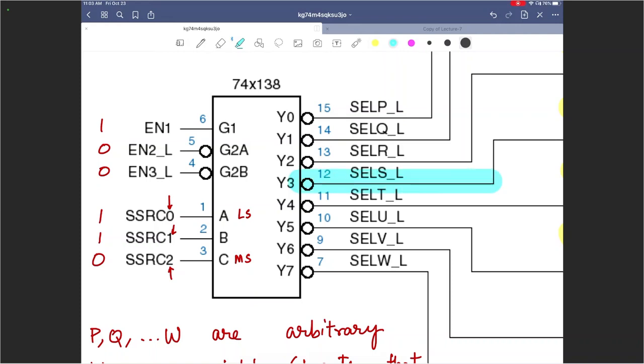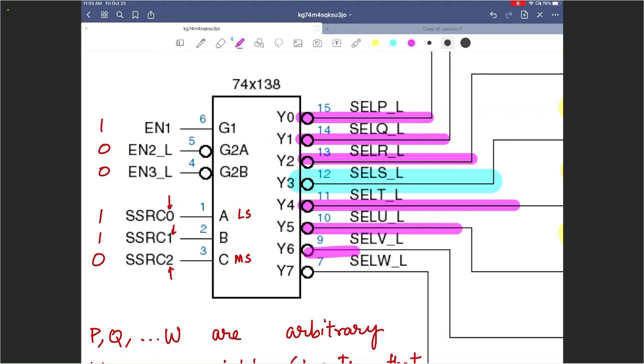Is there anything else going to be active? How about Y0, Y1, Y2, Y4, 5, 6, nothing else, right? So I'm going to maybe use a different color for that. Inactive, inactive, inactive, inactive, inactive, inactive, inactive.